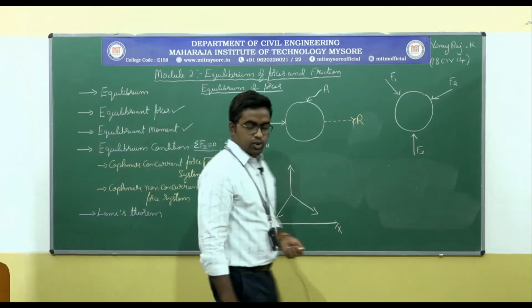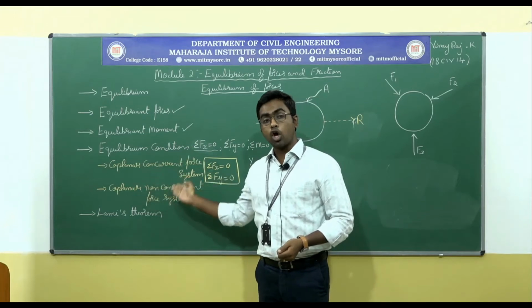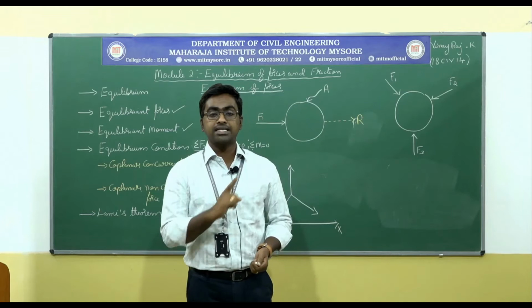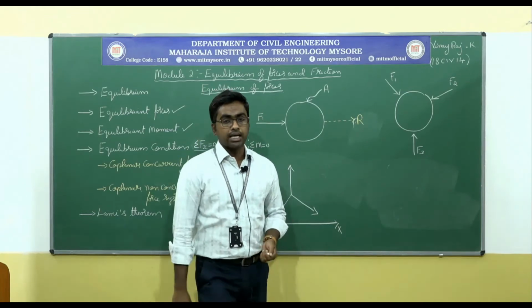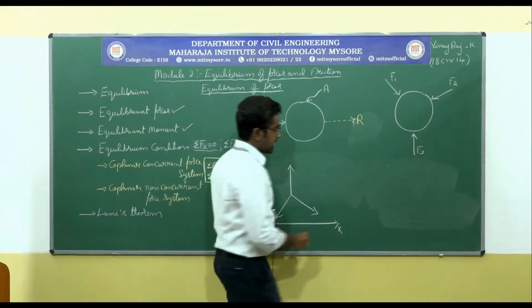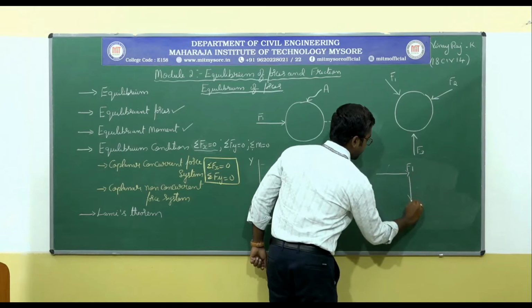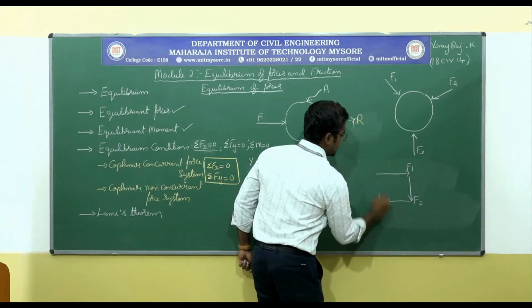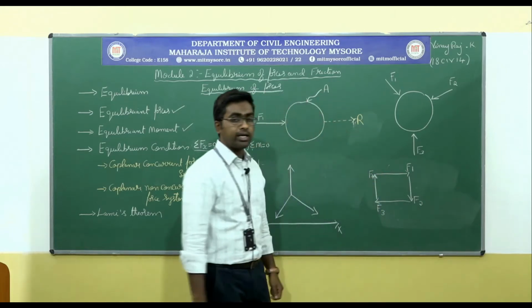Next is the equilibrium condition for a coplanar non-concurrent force system. Non-concurrent is nothing but if the forces are not passing through the same point, then you can say it is a non-concurrent force system. For example, this is F1, this is F2, this is F3, and this is F4, and all four forces are not passing through the same point.